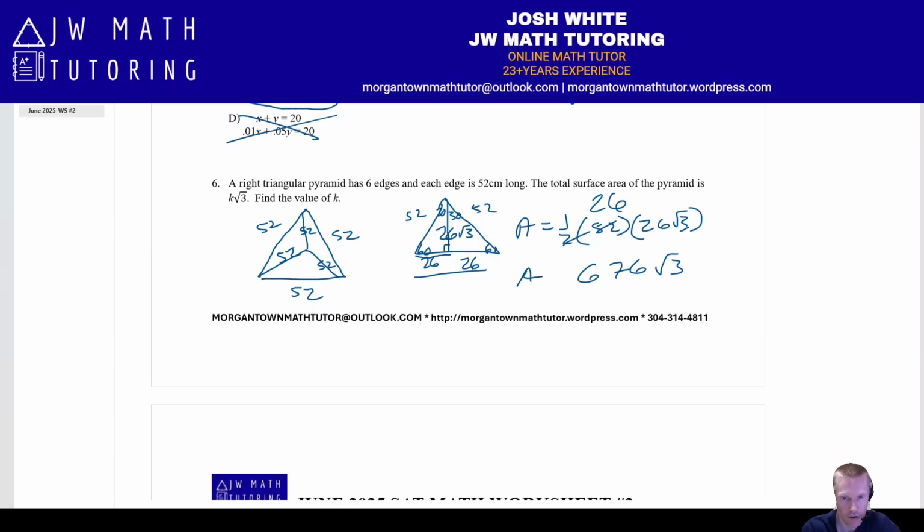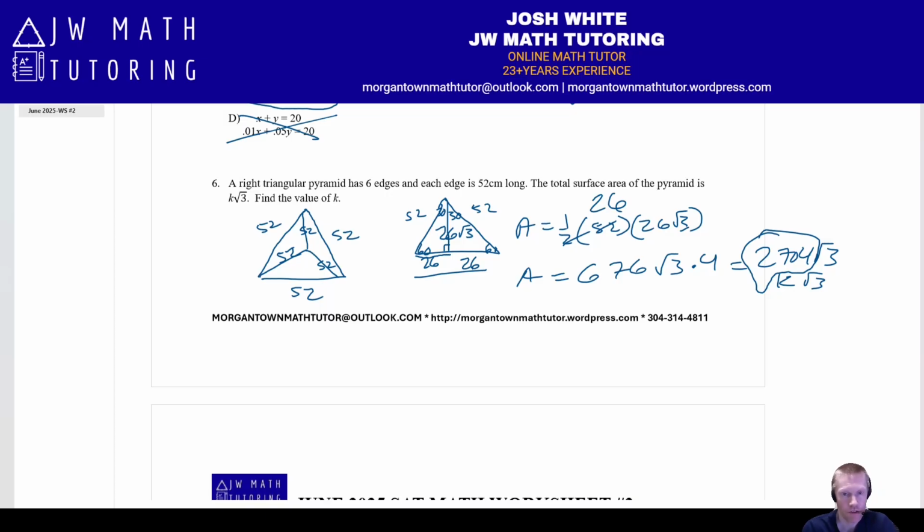That's the area of one of the triangular faces, and there are 4 of them. So you multiply this by 4, and that gives you 2704 root 3. Therefore, k is just going to equal 2704. So that's your answer.